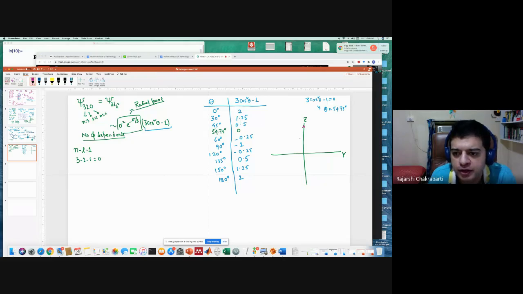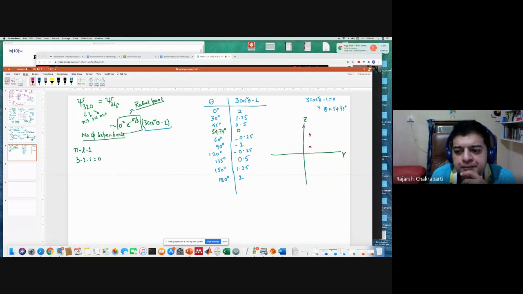Next one is 1.25. This is something like 30 degree, and 1.25 is somewhere here. For 45 degree, it is 0.5, somewhere here. 45 degree, 0.5.